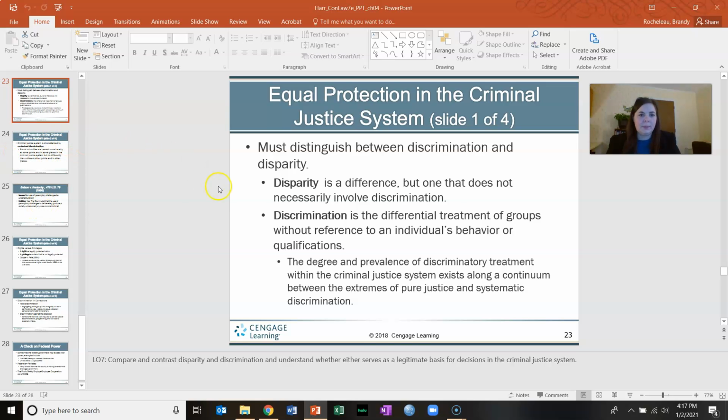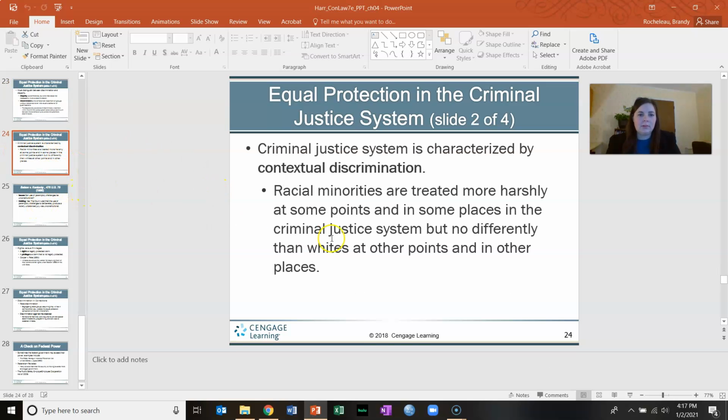The criminal justice system is characterized and known for contextual discrimination, meaning that racial minorities are treated more harshly at some points and places in the criminal justice system, but fairly similar in other places.